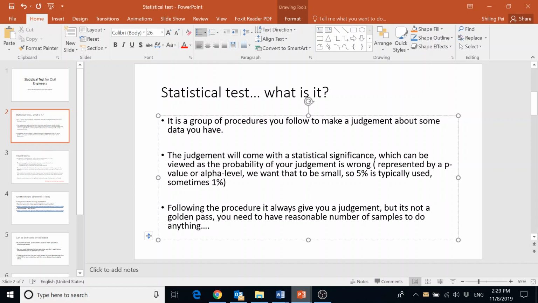Also keep in mind everything is probabilistic. Although this testing will help you support or reject a judgment, it's not always 100% right. It's not a golden pass, okay? First of all, I've seen people using statistical testing with like 3 samples.